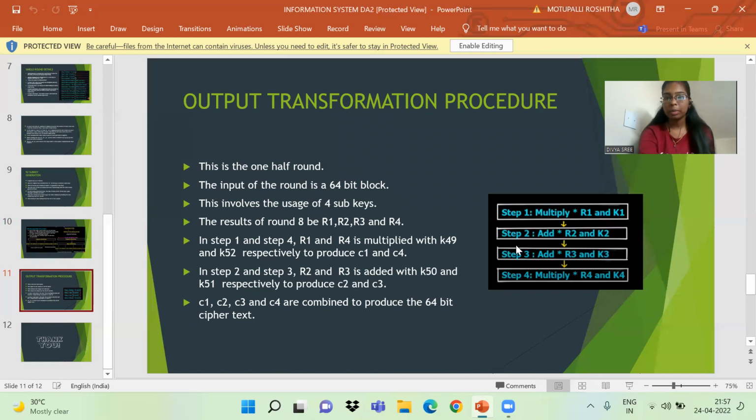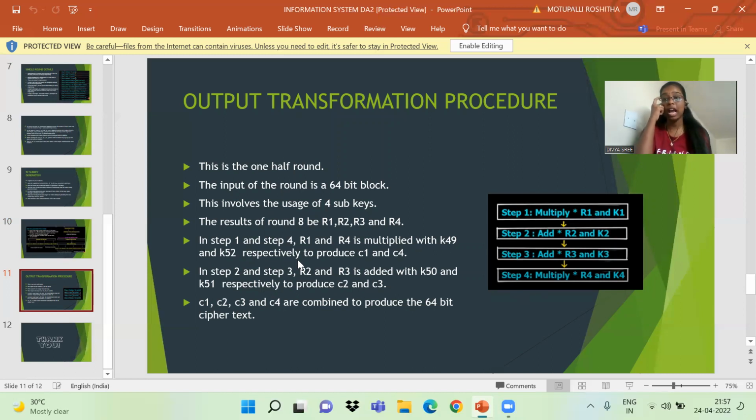We need to remember these 4 particular steps in order to get the output transformation procedure, which comes after round 8. In step 1 and step 4, we need to multiply R1 and R4 with the keys K49 and K52 respectively in order to produce C1 and C4. C1 and C4 are the ciphertext.